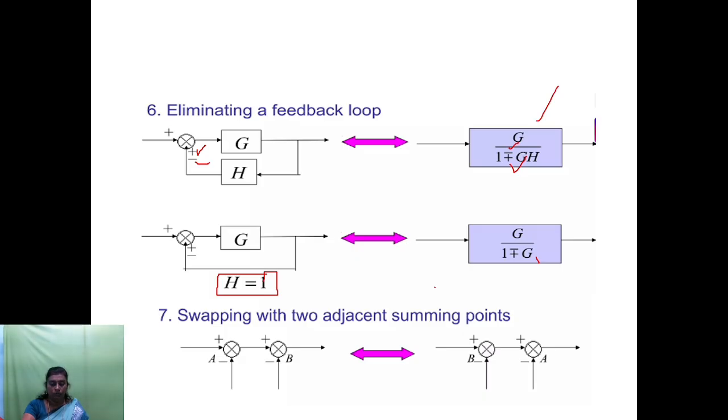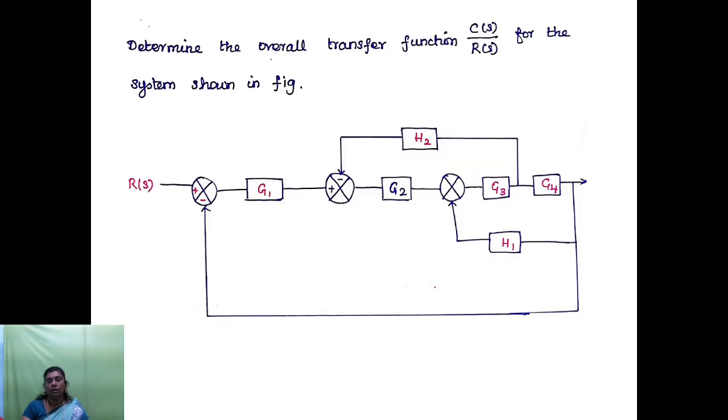So now we can see an example to find the overall transfer function from this block diagram by applying various rules. Here we are going to determine the overall transfer function of the given system.